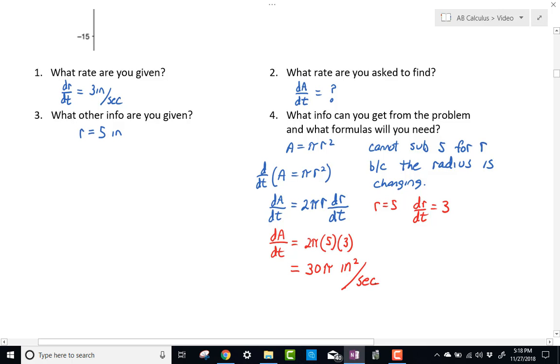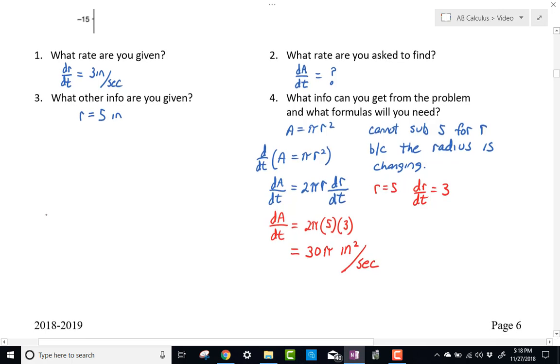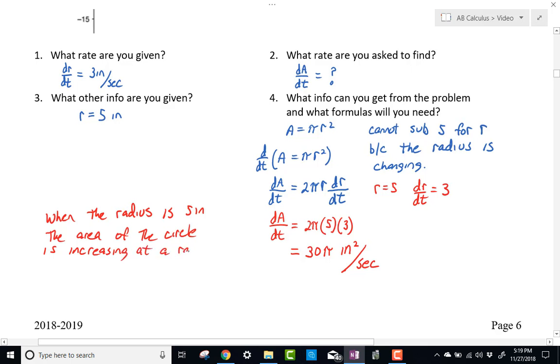So what we are saying here is this: at the exact point in time when the radius is 5 inches, the area of the circle is increasing at a rate of 30 pi inches squared per second.